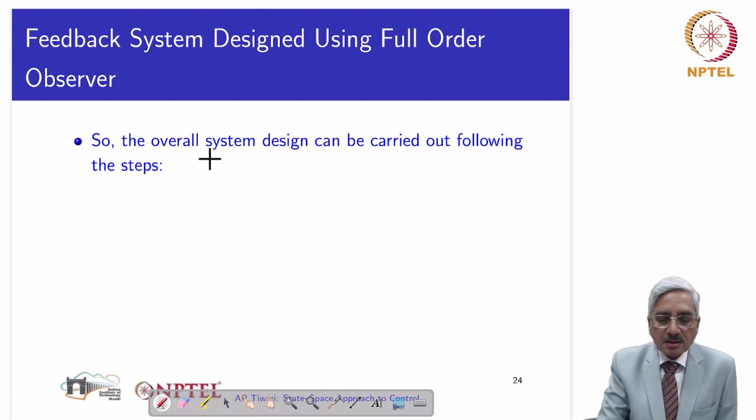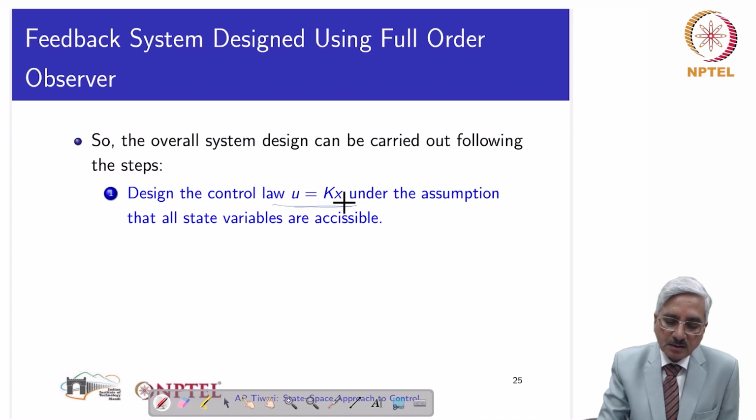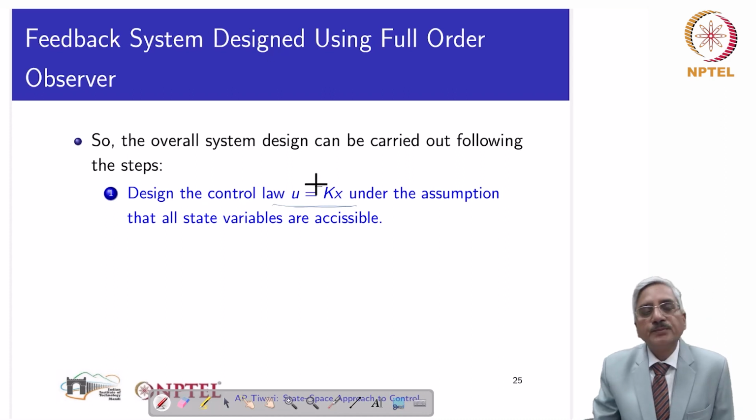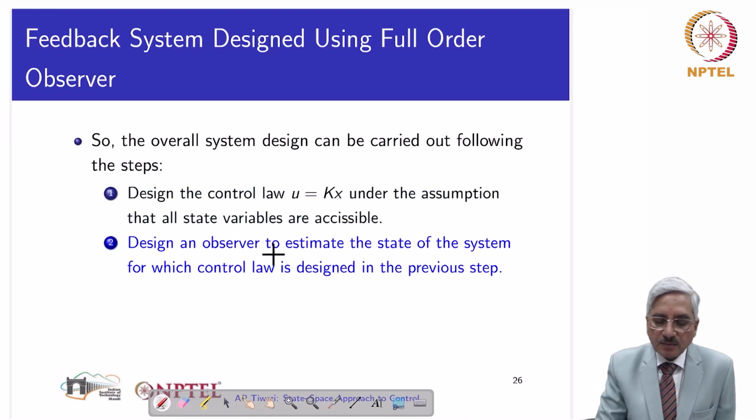So the overall system design can be carried out following these two steps. In the first step, we can design a control law equal to minus Kx under the assumption that all the state variables are accessible. That we did. And design an observer to estimate the state of the system for which the control law is designed in the previous step.